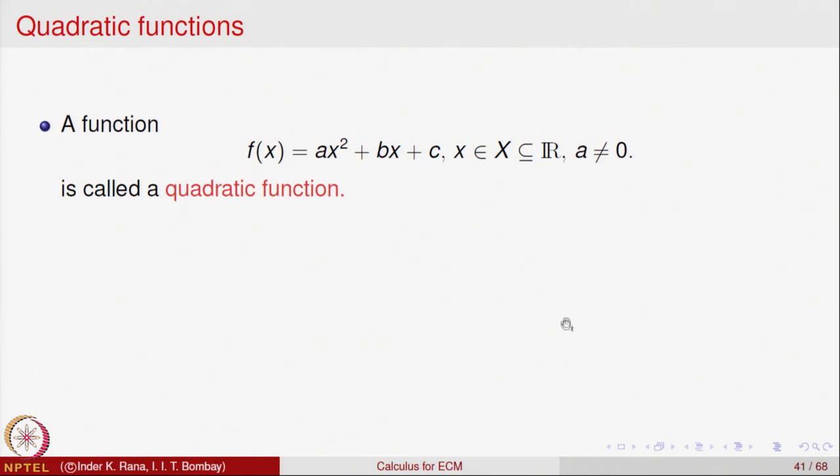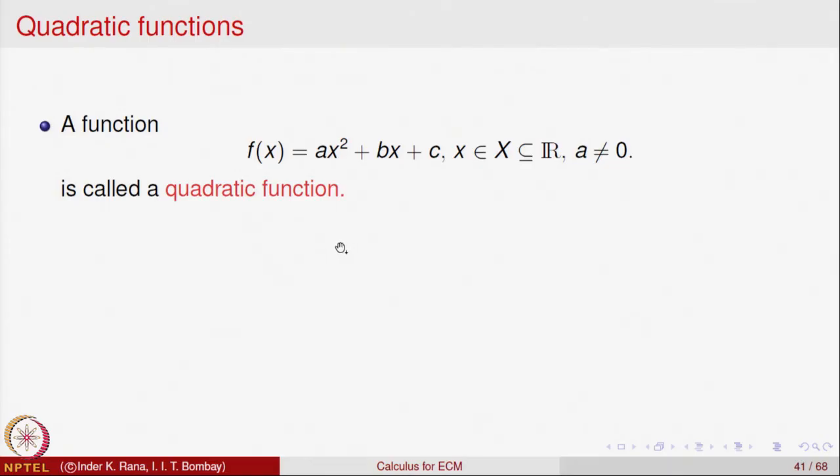So, we define a new type of function now, a function f(x) given by the formula f(x) is equal to ax square plus bx plus c for x belonging to a subset of the real line, where a at least should not be equal to 0, because if a is equal to 0, this just becomes a linear function. This is called a quadratic function.